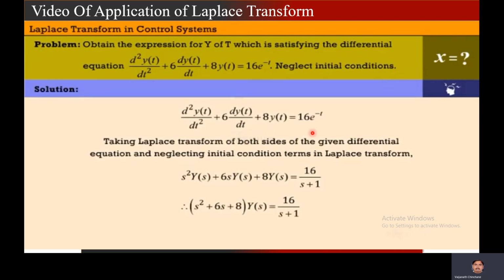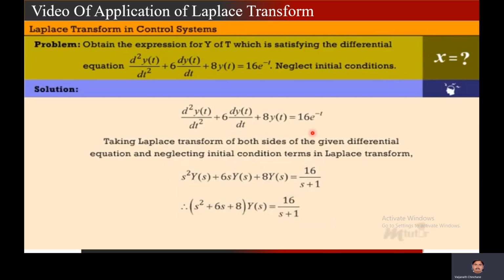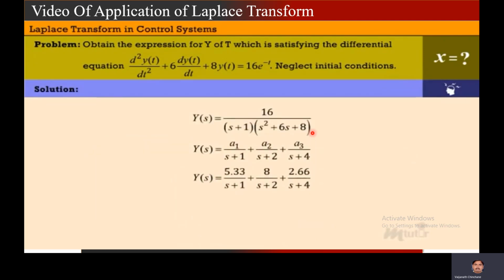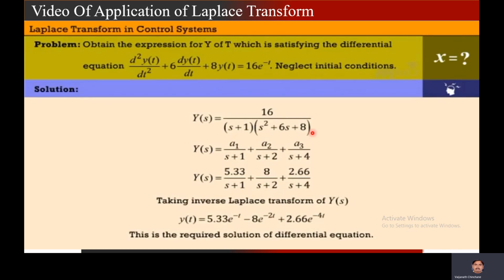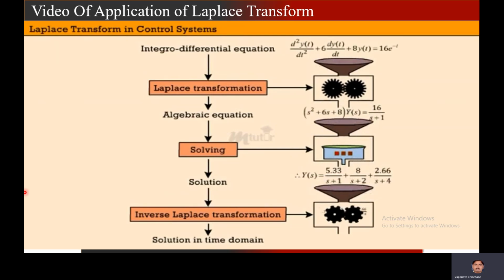Such transformed equations are known as equations in frequency domain. Then, by eliminating unwanted variables, the required variable in S domain can be obtained. By using the technique of Laplace inverse, time domain function for the required variable can be obtained. This is how Laplace transform is used in control systems, which makes the computation easy and produces the desired manipulations in the result.